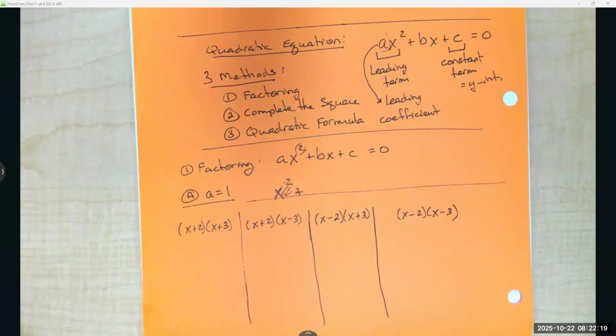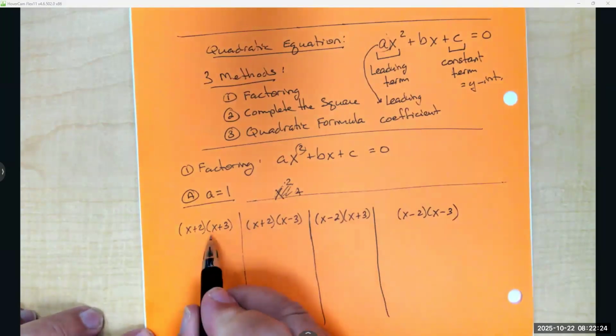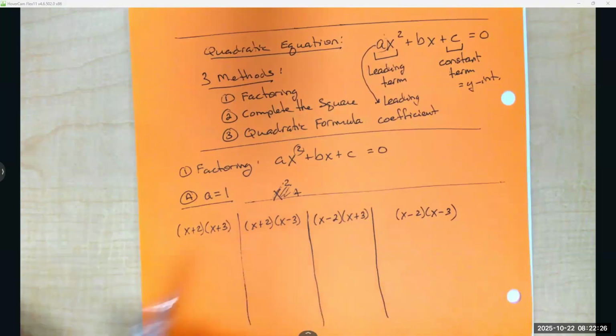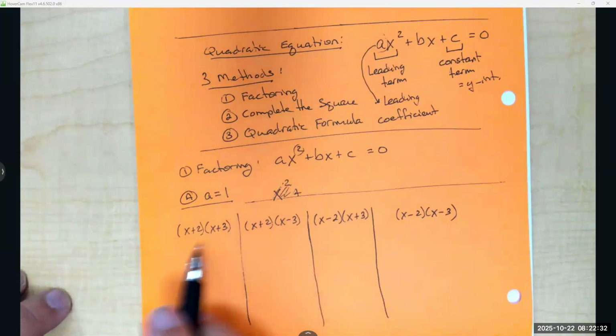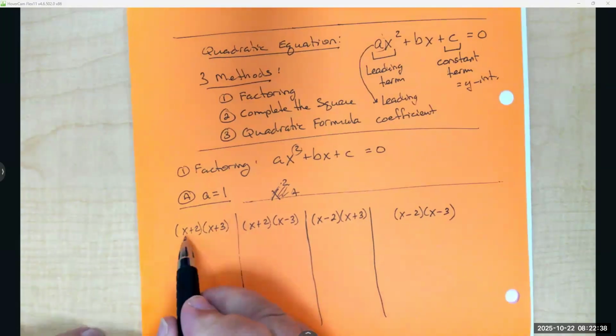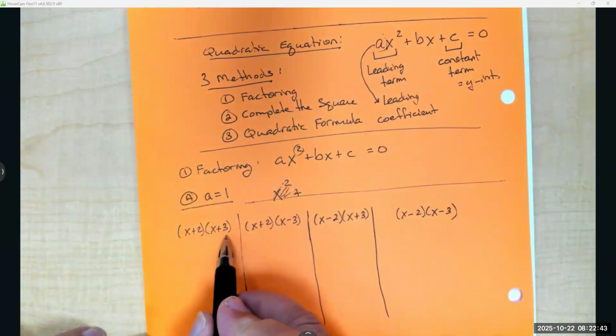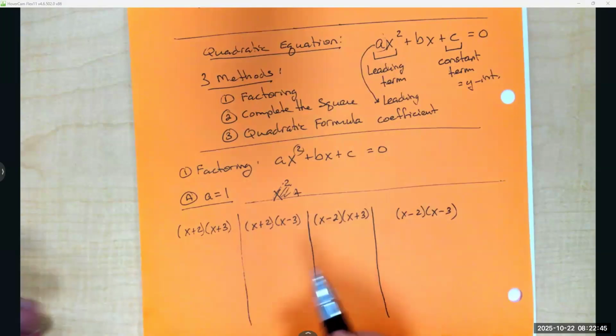So in the first one, what do I mean when I say multiply? How do we multiply these together? What method do we use? FOIL, but it's really distributivity. FOIL only works in binomials, but we can do this with any size equation we want to. So it's distributivity. Everything in the first parenthesis has to multiply to everything in the second. That's what distributivity is all about.